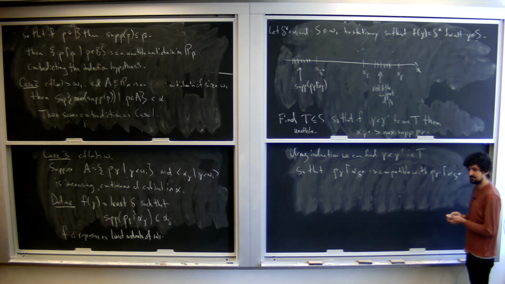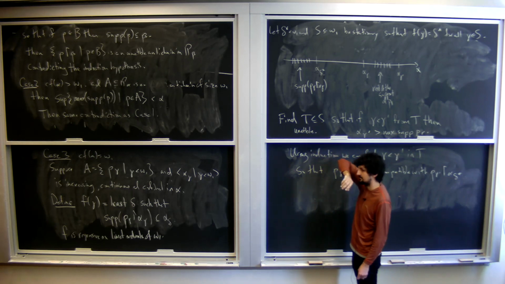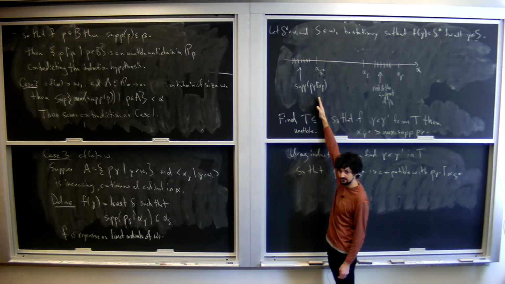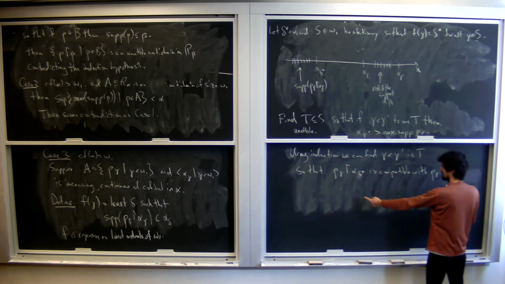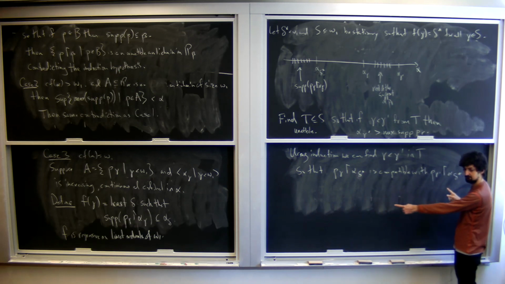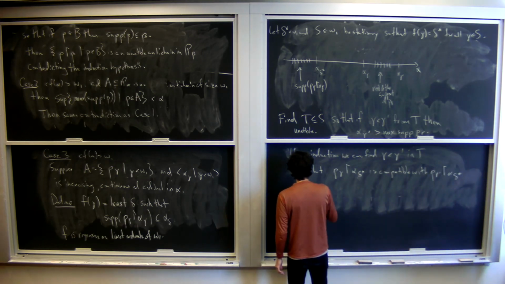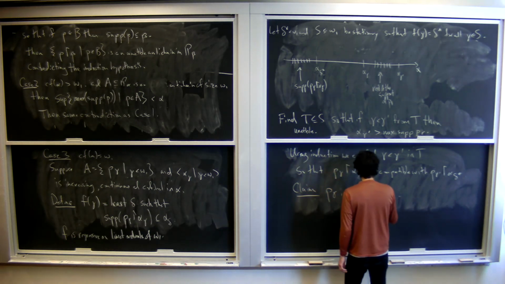Right, so what we ended up with is a bunch of conditions indexed by this T. And because I have uncountably many, I can look at all of their restrictions to this ordinal. And that can't be an uncountable antichain. That's the induction hypothesis. So there must be two of them which are compatible. But then the claim, which is a contradiction, is that actually this P gamma and P gamma prime are compatible.